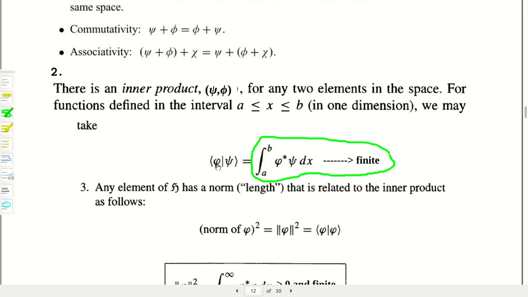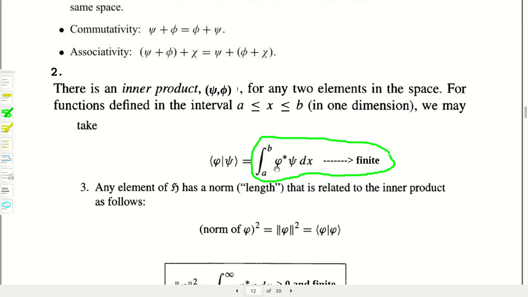In n-dimensional vector space there are a vector and b vector; in place of them, phi and psi functions are used, and they show this property: the result may be negative, it may be positive, but it is finite, not infinite, not a divergent result from this integral.